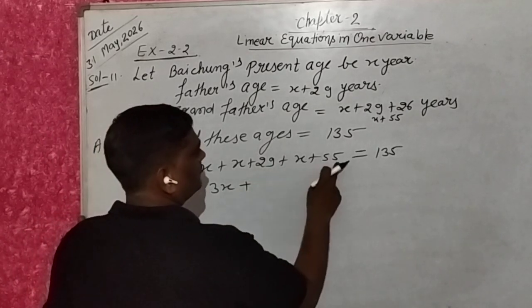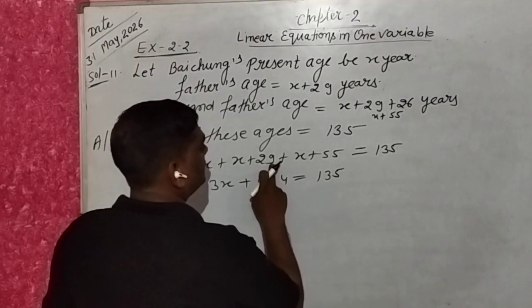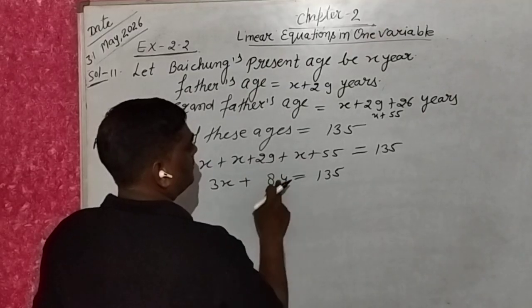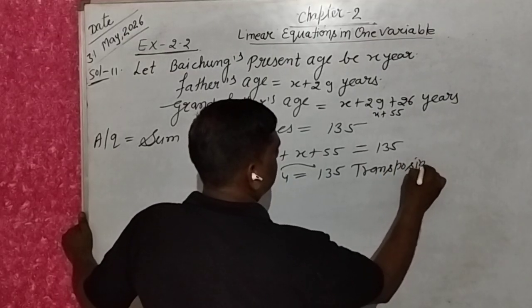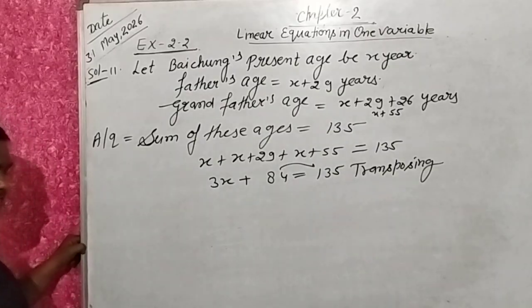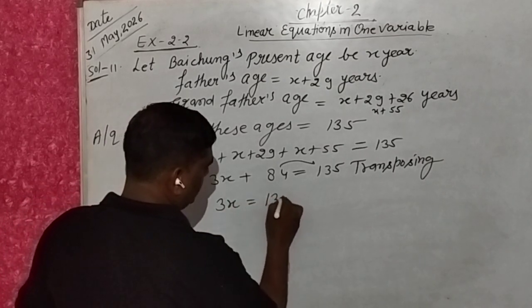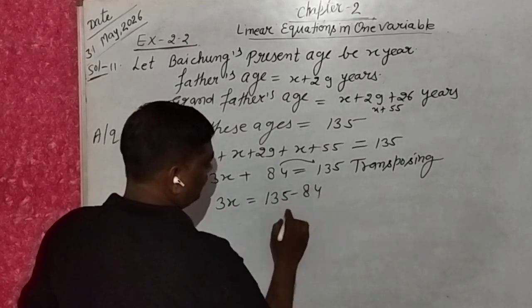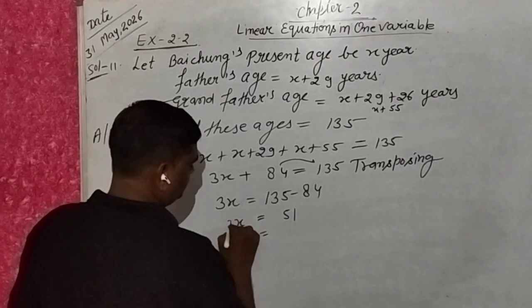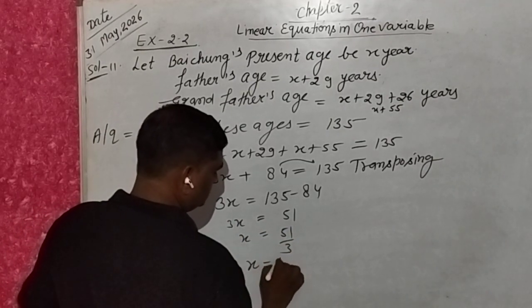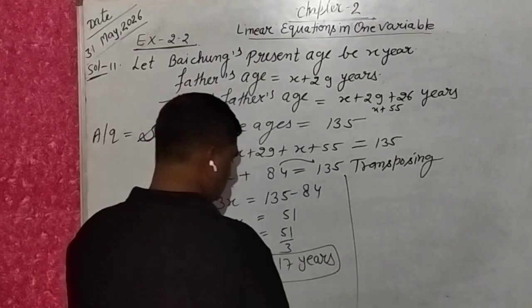Transposing here, are you understanding? We transpose: 3x is equal to 135 minus 84. 3x is equal to 51. x is equal to 51 upon 3. x value is 17, 3 times 17 is 51. Bajin's age is equal to 17 years.